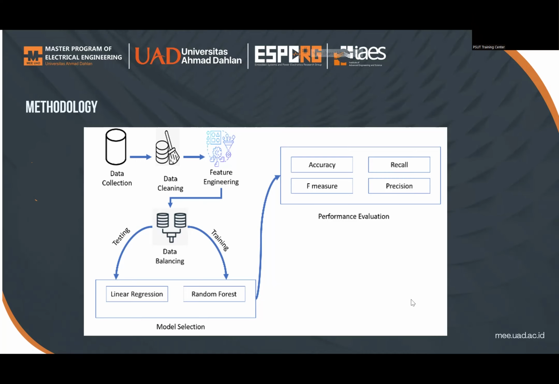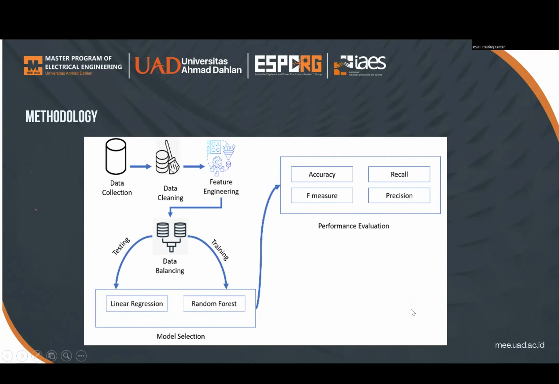So, to make it more clear, we will explain each step of the following algorithm. In the first step, we apply data collection, which is the initial step of our methodology. It involves collecting transaction data from financial institutions such as banks.